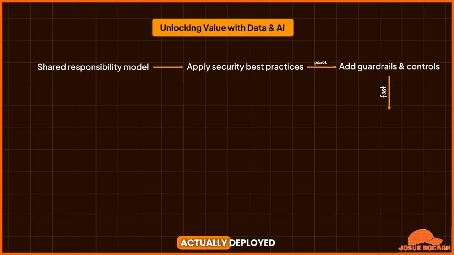Because now that you have deployed security best practices, you can crank up many use cases, AI agents and AI applications, because you are feeling comfortable and safe using this tooling, knowing that things are looked at and practiced according to best practices.